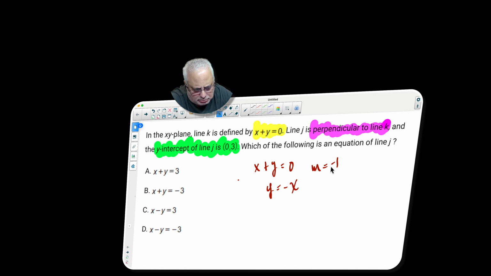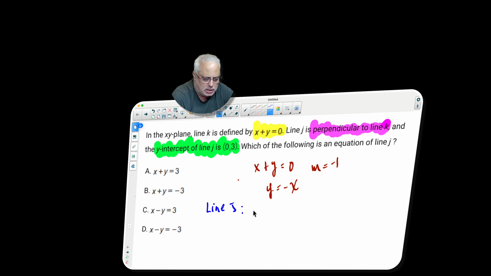I just put the line in slope-intercept form, y equals mx plus b. You know, m is the coefficient of x, and it's -1. If line J is perpendicular, the slope of line J times the slope of line K is equal to -1.